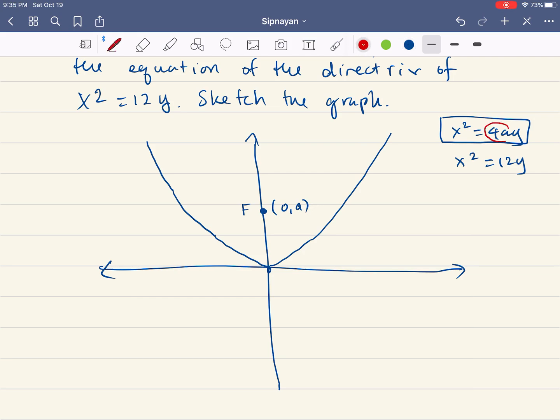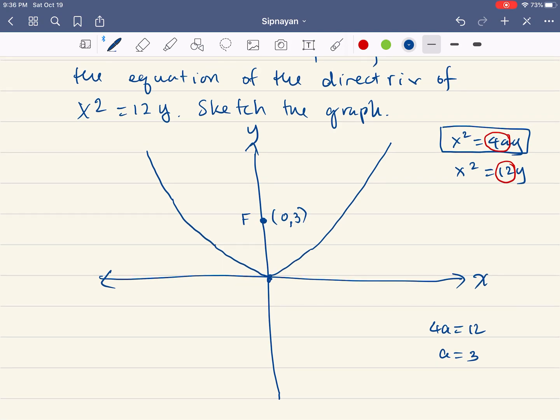Yung 4a is equal to 12, kasi y na lang matitira dyan. Ibig sabihin, 4a is equal to 12, which means that a is equal to 3. So, 0, 3. Okay? This is x, this is y.